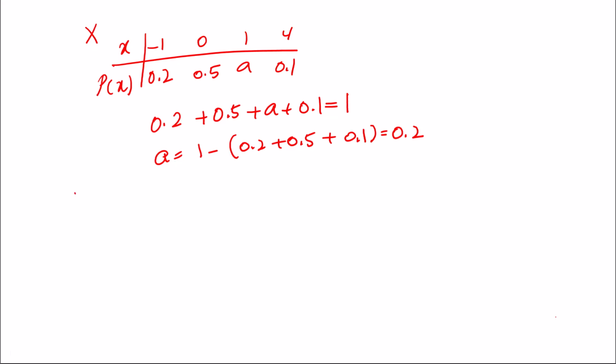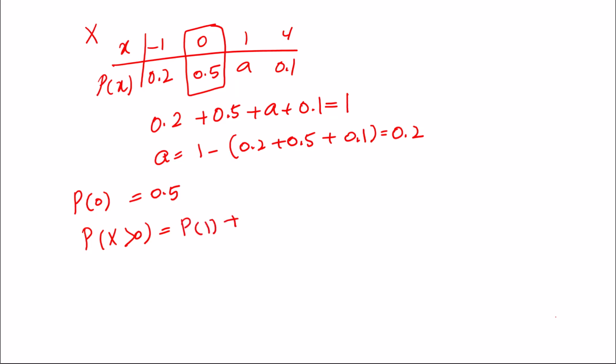Then we want to find the probability of 0, p of 0. From the table, we can simply get p of 0, which is equal to 0.5, right? And we want to find the probability of x greater than 0, which is equal to probability of 1 plus probability of 4, which is 0.2 plus 0.1, equal to 0.3.